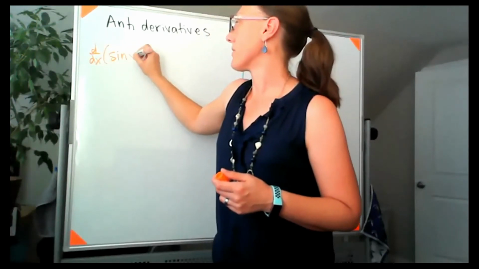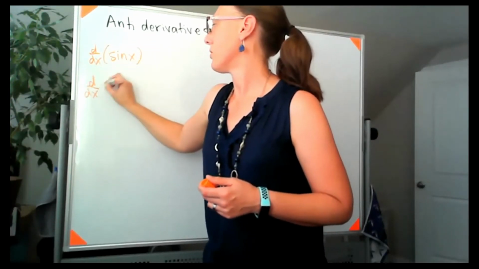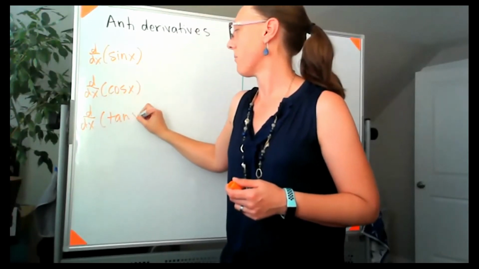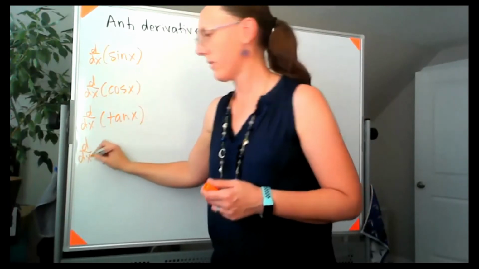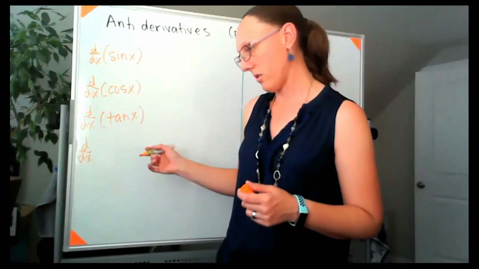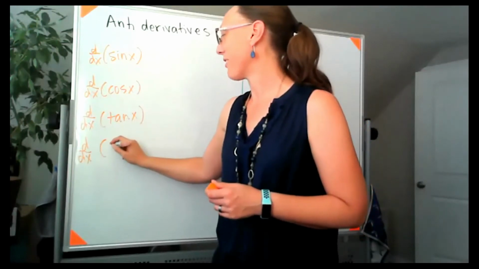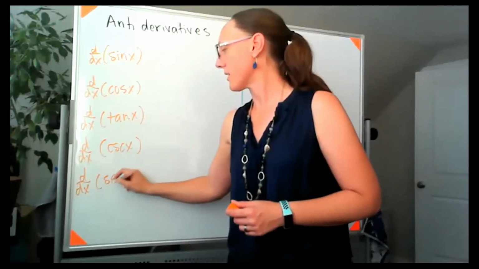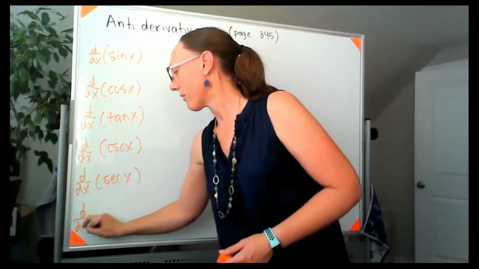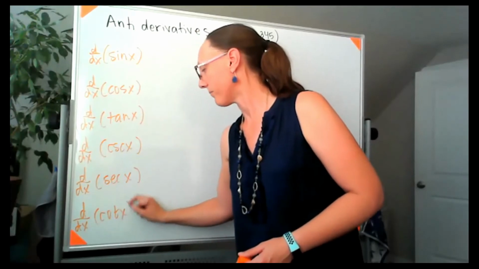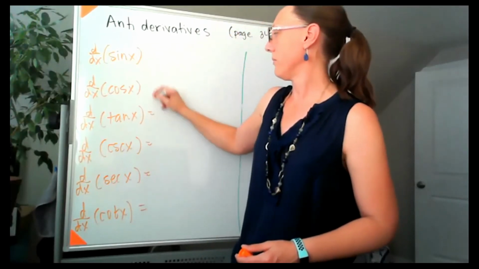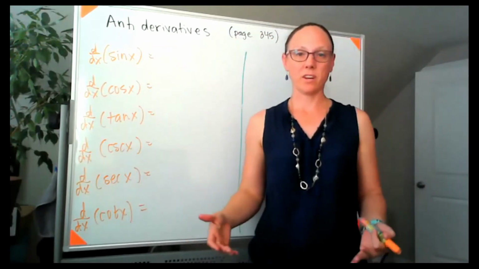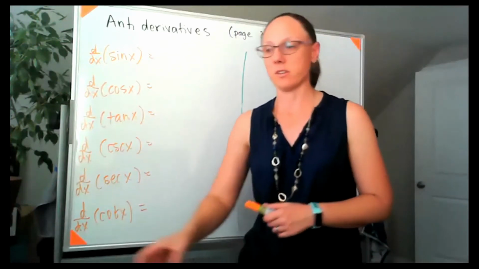Let's do derivative of sine, derivative of cosine, derivative of tangent. What else is on here? Okay, everybody's on here. Derivative of cosecant, derivative of secant, and derivative of cotangent. And I will say, being super good with derivatives, that's what's going to help with recognizing those u-substitutions.